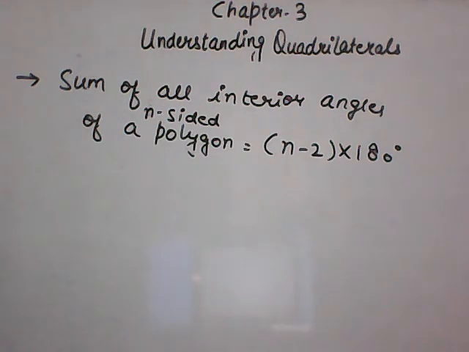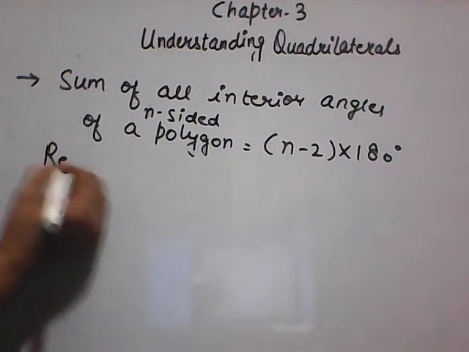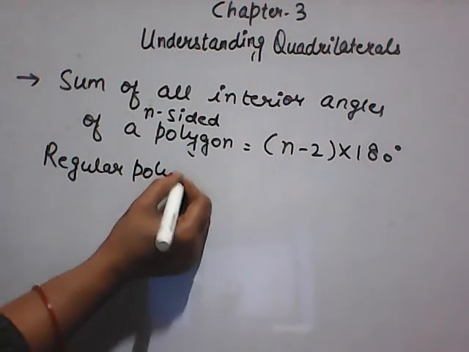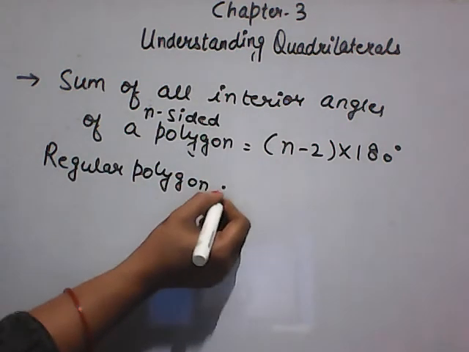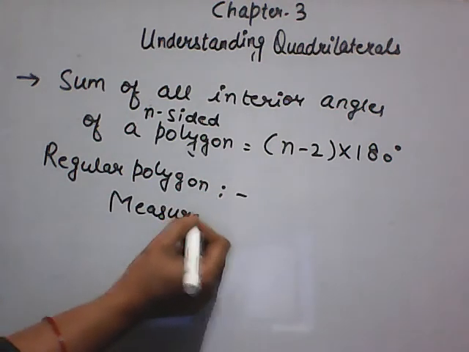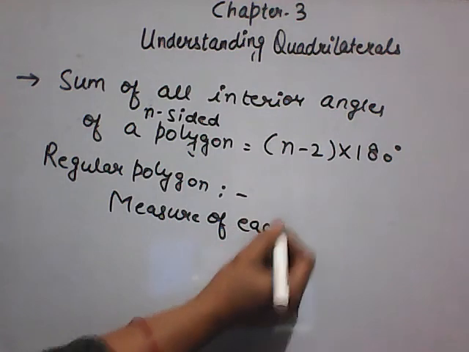Now for n-sided regular polygons, the measure of all angles are equal.